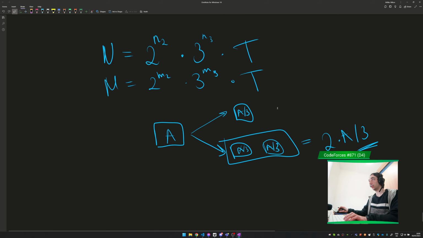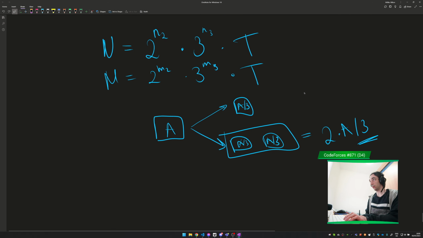So essentially what this observation tells me is that I can take something here in n, because we start with n and we want to end up at m. I can either delete some 3, or I can take some 3 and convert it to 2 and delete it.